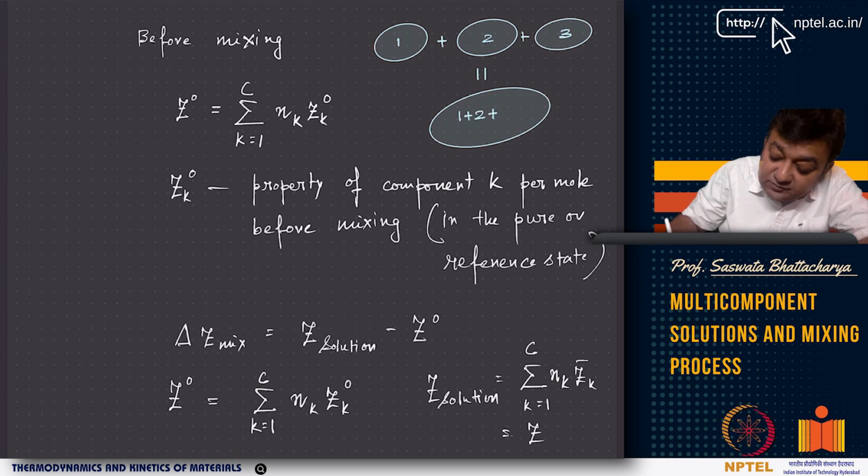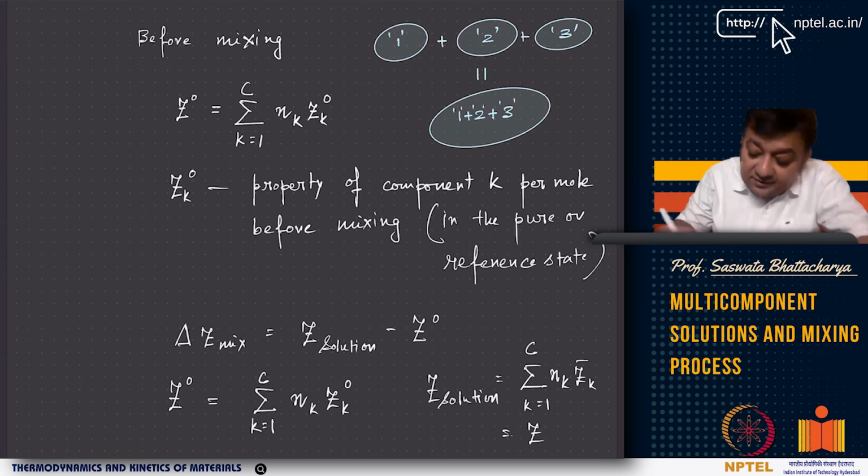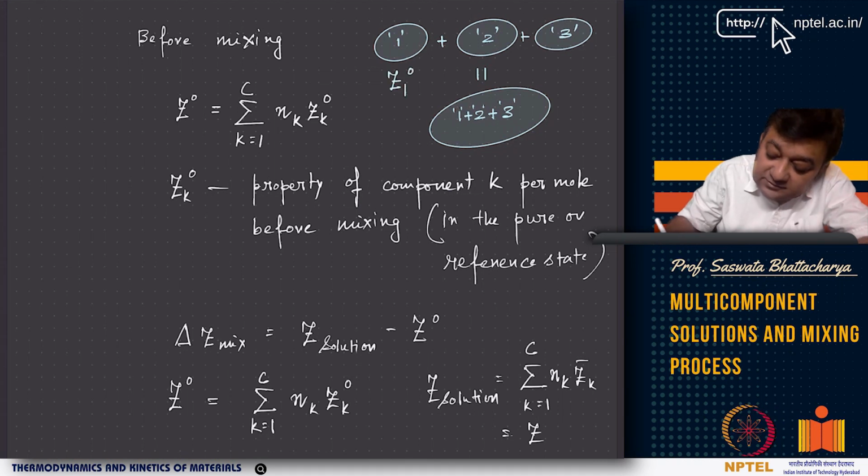So 1 plus 2 plus 3, all these components are coming. This is component 1, this is component 2, and this is component 3. Now, the property that component 1 had is Z10, the property here would be Z20, and here it is Z30.